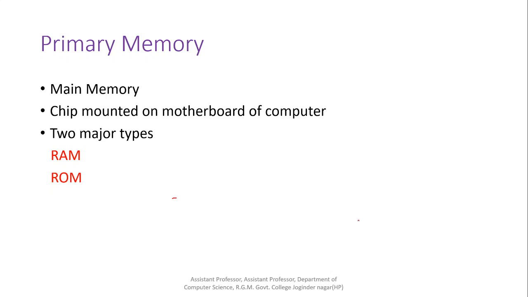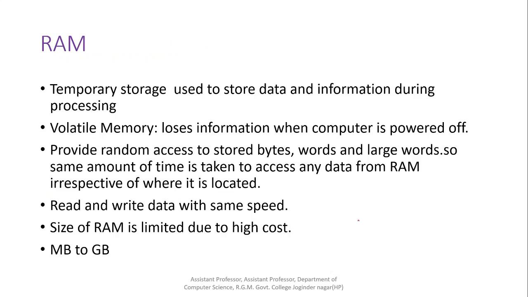But unlike RAM, data once stored in ROM, that is read only memory, either cannot be changed or can only be changed using some special operations. So ROM is used to store data that does not require change. First I will discuss in detail random access memory.